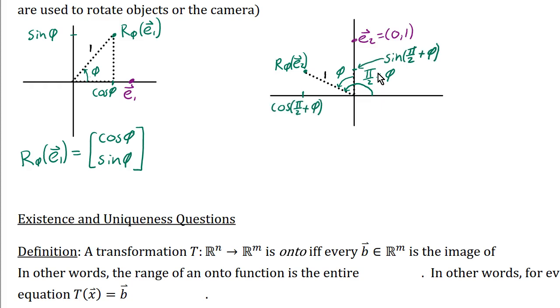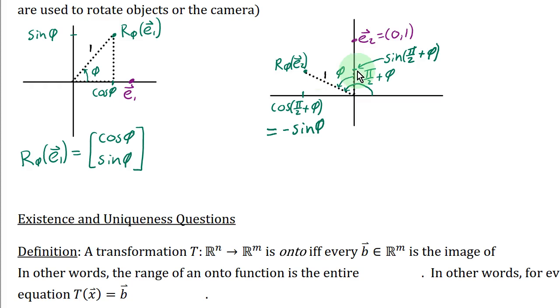Then there are some trig identities we need to use here. Cosine of pi over 2 plus phi is equal to negative sine of phi, which makes sense because the horizontal thing I'm trying to picture here is the side opposite the angle phi.